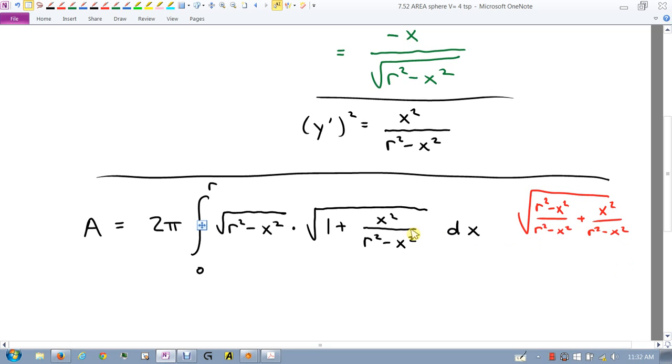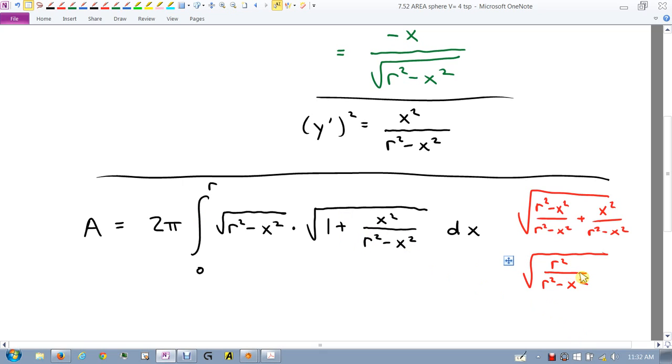So I'm rewriting the 1 as this. And then when I combine these together, man, things are going to be real nice. Don't the x squareds up top cancel? And so you just get r squared over r squared minus x squared.